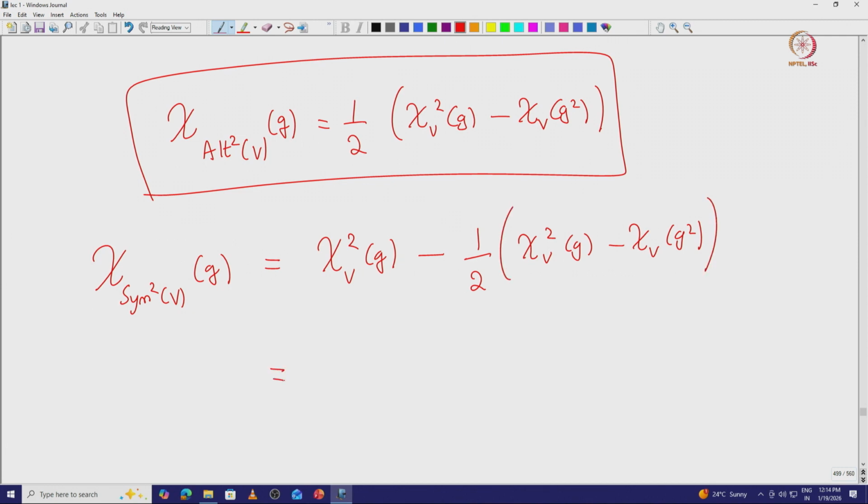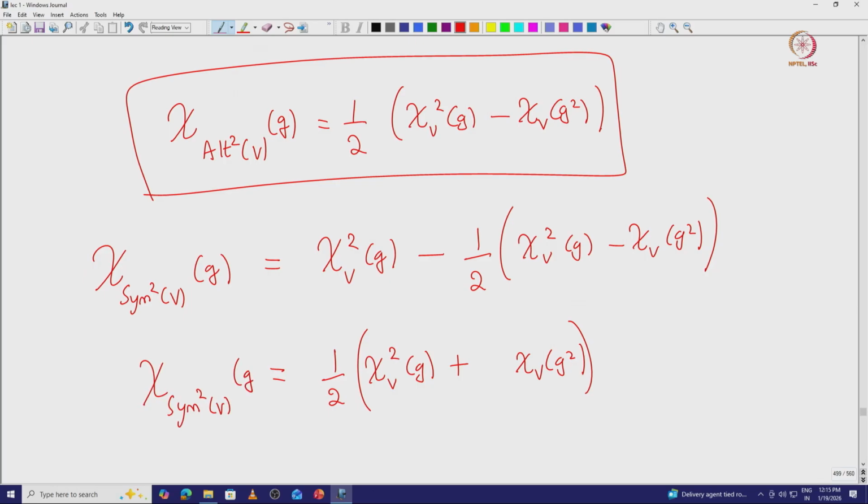This is exactly equal to one half of chi V squared of g plus one half of chi V of g square. One can take the one half outside, and then you get exactly this. So this is going to be the character of Sym 2 V of g.